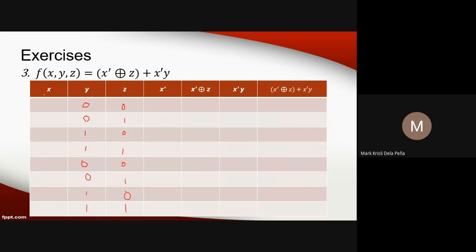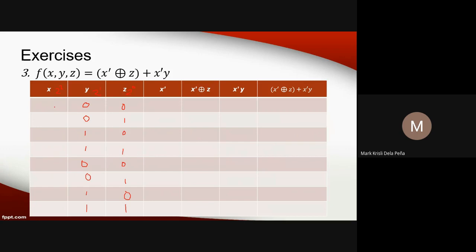And at the end, the last variable, the leftmost, changes every 4 steps. How did we solve it? That's 2 to the power of 2. This is 2 to the power of 0, this is 2 to the power of 1. 2 to the power of 0 is 1, to the power of 1 is 2, 2 to the power of 2 is 4. So x will change its value after the fourth row.